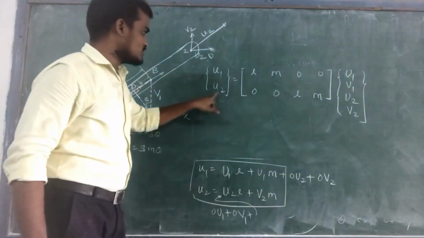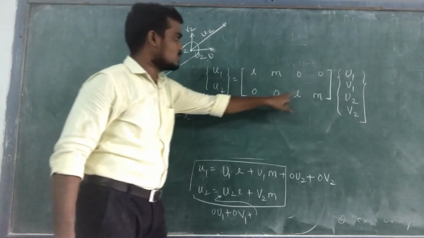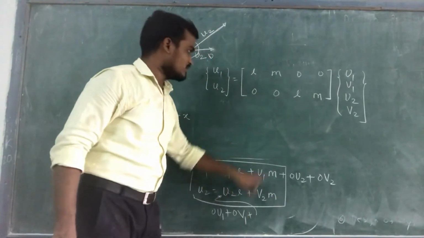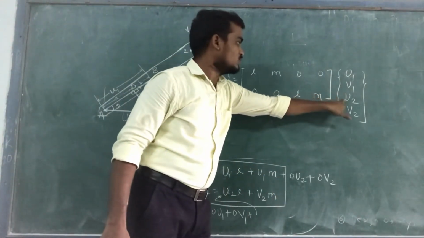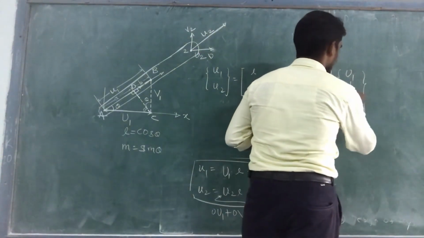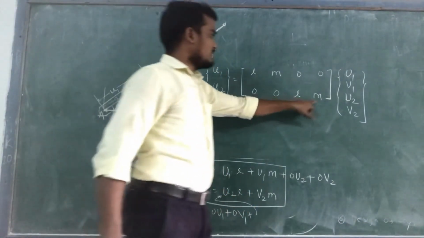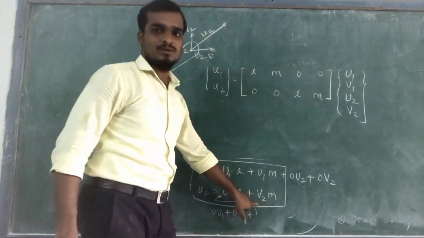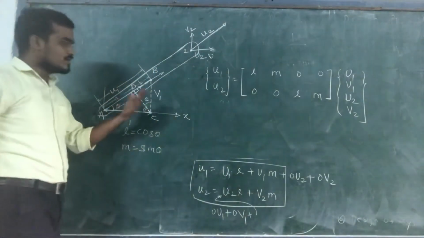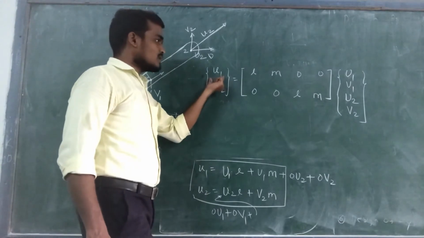Similarly, v2 is equal to 0 times u1 plus 0 times v1 plus L times u2 plus M times v2. So in this way, you can write these two equations in matrix form.